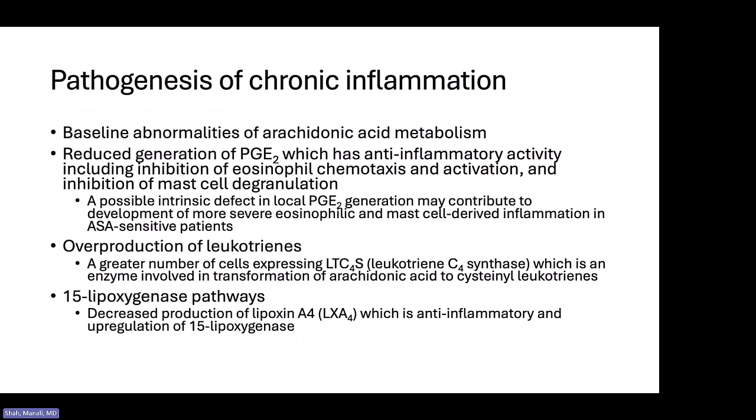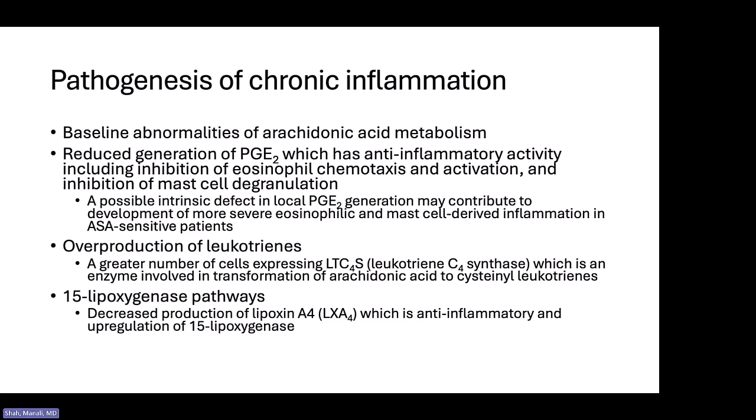The pathogenesis of the chronic inflammation in these patients, before they're even exposed to aspirin and NSAIDs, really goes back to that pathway too. It's hypothesized that they have baseline abnormalities of arachidonic acid metabolism. The metabolite I mentioned, PGE2, has reduced generation, which causes more inflammation, because PGE2 in itself has anti-inflammatory activity: it inhibits eosinophil chemotaxis and activation and inhibits mast cell degranulation.